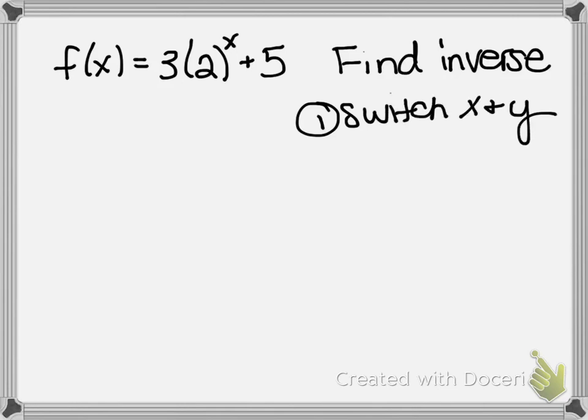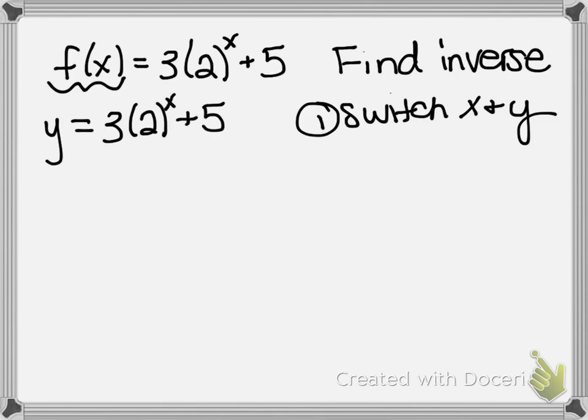So what you would need to remember is that this f of x right here is just a fancy name for the y. So what this equation is really saying is y is equal to 3 times 2 to the power of x plus 5. So step 1 is going to be switch that x and y. So it becomes x equals 3 times 2 to the power of y plus 5.